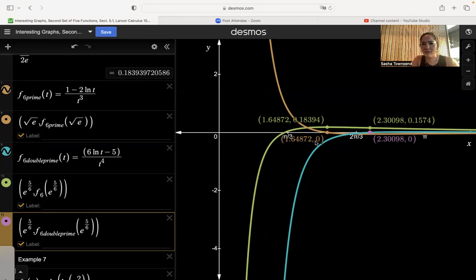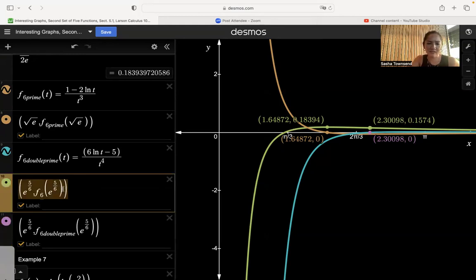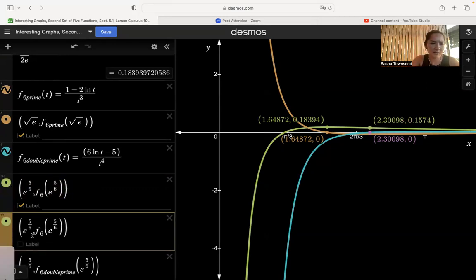Or alternatively, where the derivative goes from decreasing to increasing. So at that x value, e to the 5/6, our derivative should have a relative min, because it should go from decreasing to increasing. So let's evaluate the first derivative there.